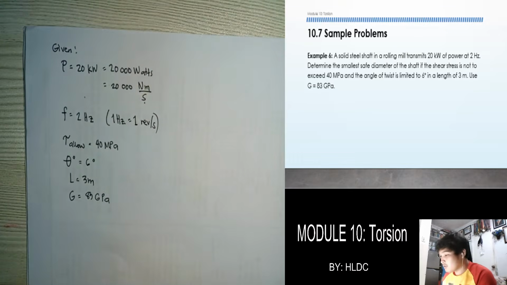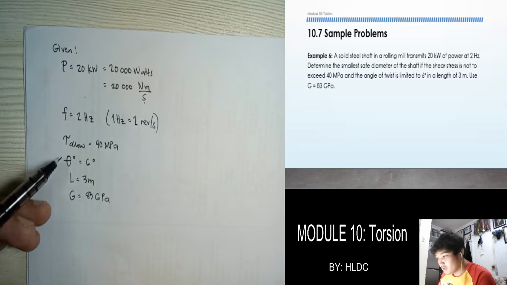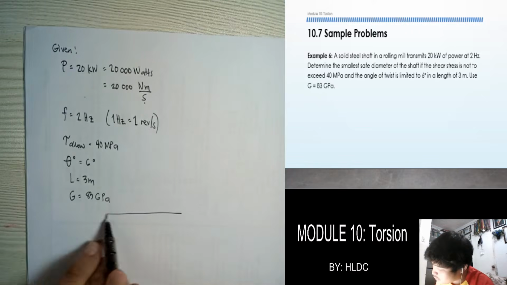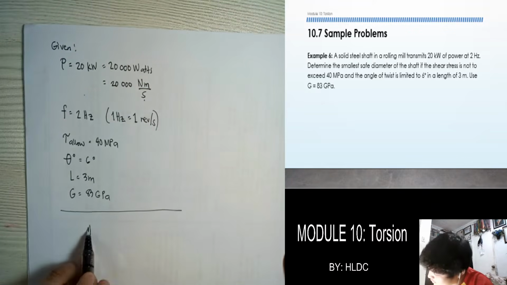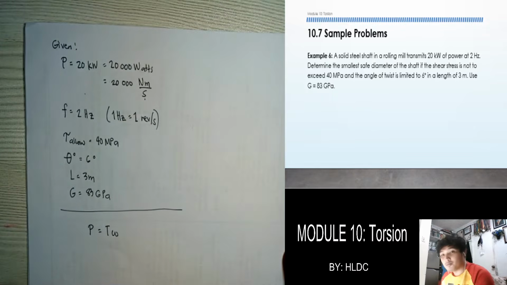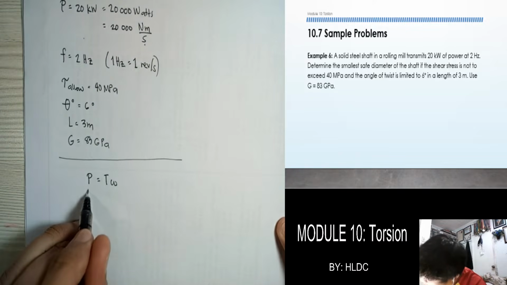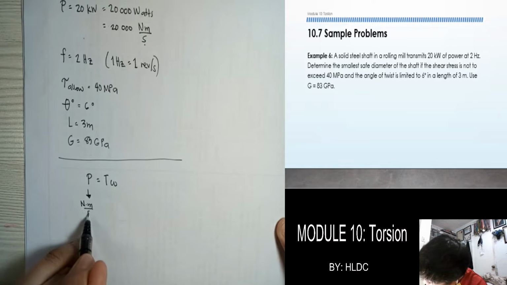Okay, so ngayon, class, di ba alam natin yung formula ng shear stress and then yung angle of twist, kailangan ng value ng torque, T. So, para makuha natin yun, kunin natin sa relationship ng power sa torque, which is yung P is equal sa T times the angular speed or omega. Ngayon, para magamit natin ito, class, i-recall lang natin, dapat ang unit nito is Newton meter per second.